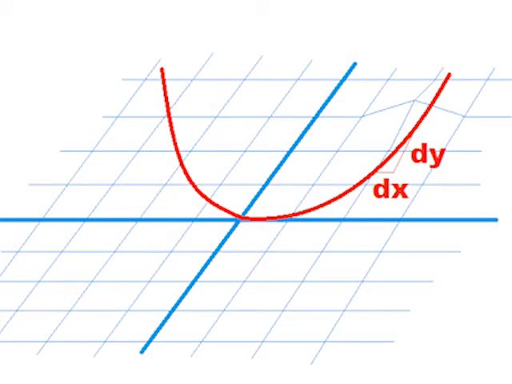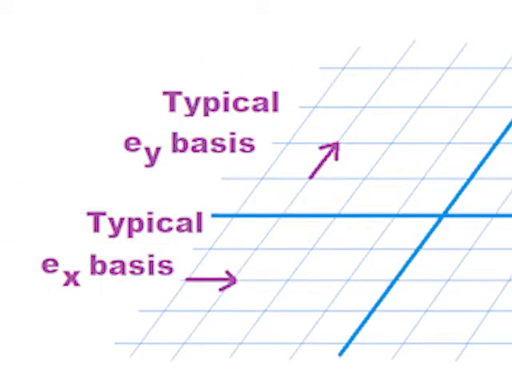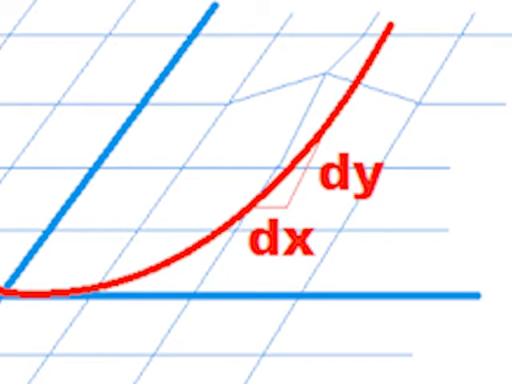A key thing to remember is path differentials like dx and dy represent the path of an object on a space, but the basis differentials, ex and ey, represent the space itself. In this picture, we see a red path where dx and dy show the horizontal and vertical displacements of the path on the space.